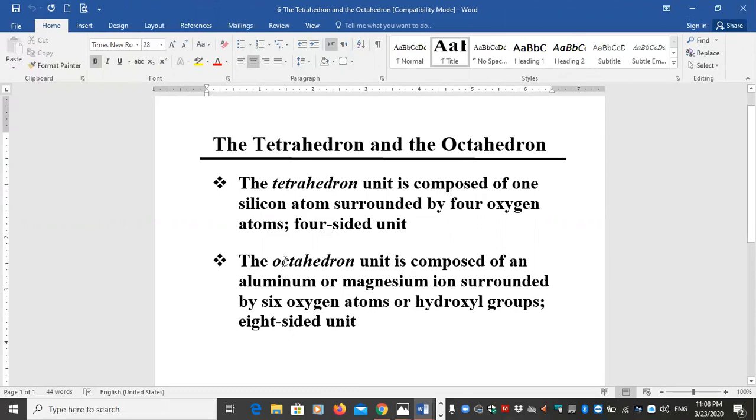Again, octa, eight. So the eight-sided unit, eight faces, not from the number of oxygens surrounding the central atom, because here it's composed of an aluminum or magnesium surrounded by six oxygen atoms, but it has eight sides or eight faces.